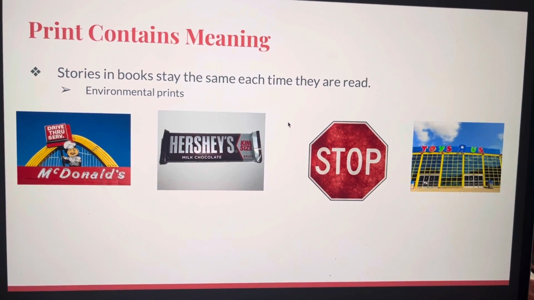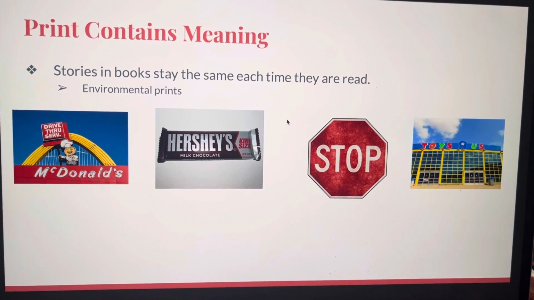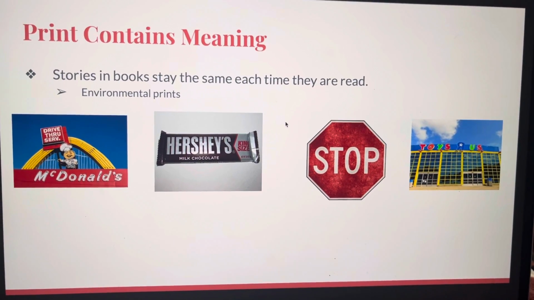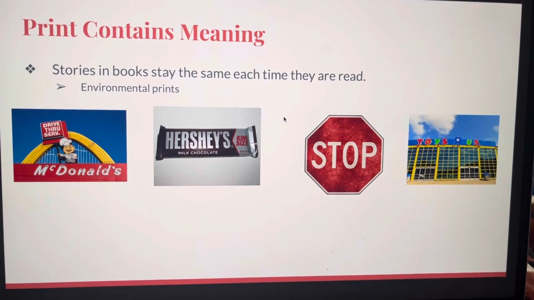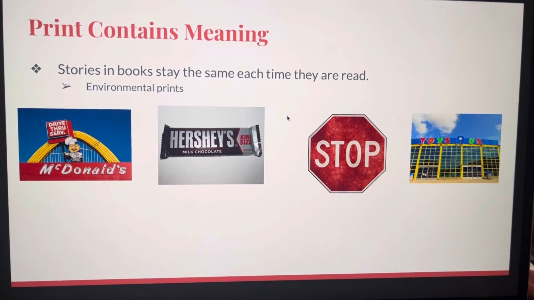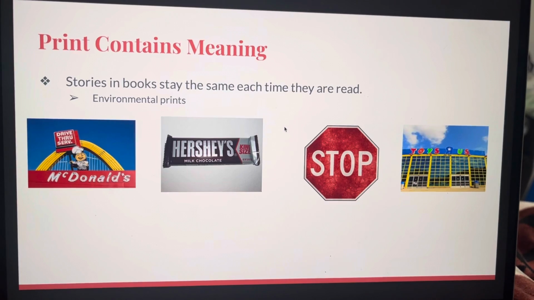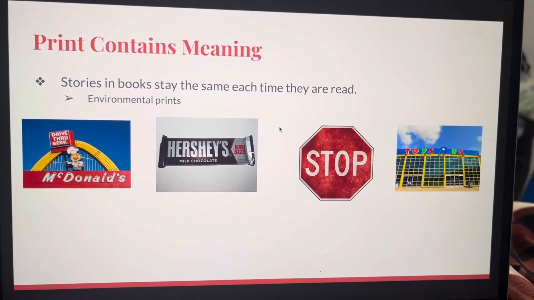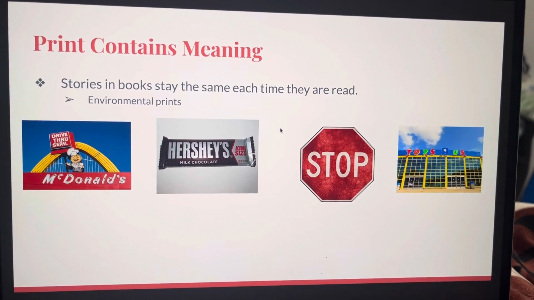Hershey's milk chocolate stays the same, the label and the color. Stop signs always stay the same everywhere you go, and the Toys R Us logo always stays the same as well. There are many other things that stay the same, like Walmart, Kmart, Target, but these are just the few that I displayed.